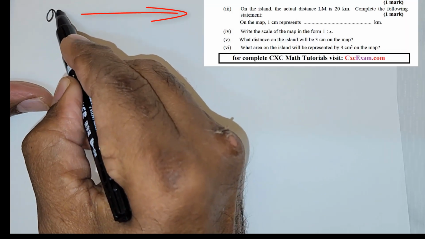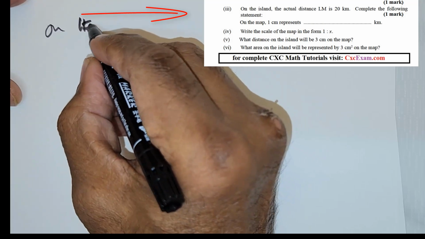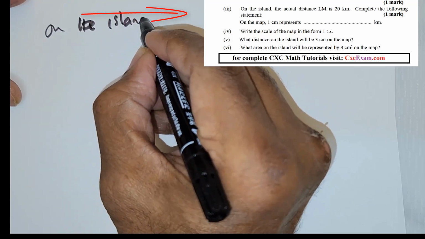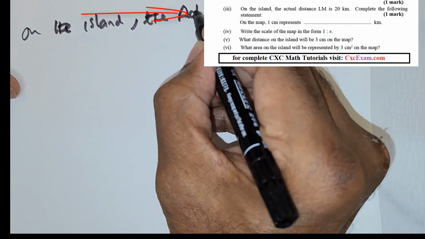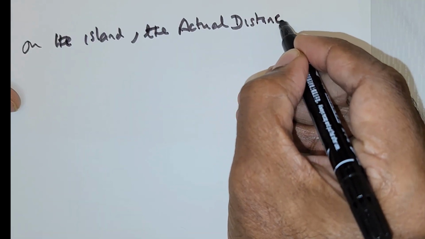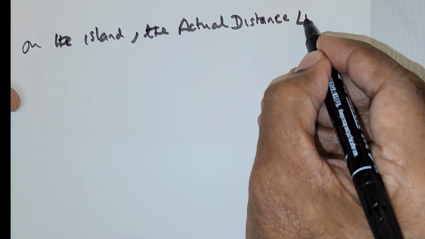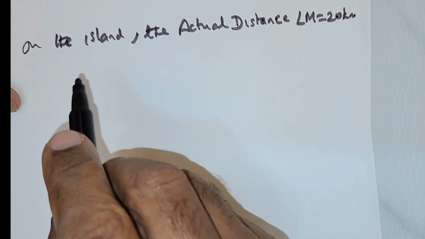So let's move on. Now this is the next question. On the island the actual distance LM is 20 km, 20 kilometers.